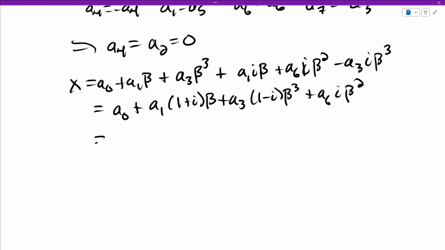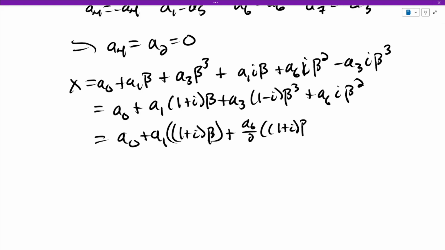And we can even rewrite this. I'm not going to do it, but if you sit here and work out this element 1 plus iβ and square it, you're going to get something involving an iβ squared, roughly, because 1 plus i squared is 2i. And then this last guy is going to be related to the cube of that.